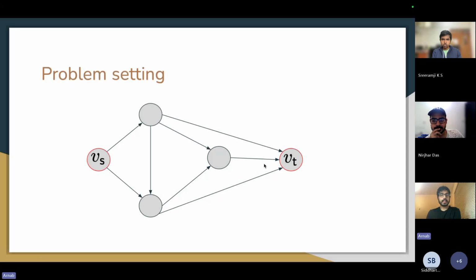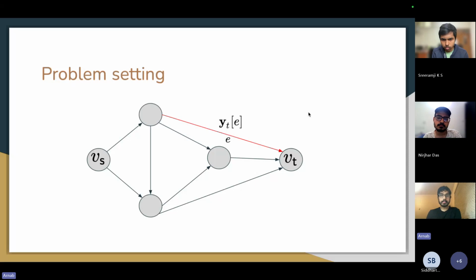In each round T, an adversary chooses the weights of these edges, some loss values for these edges. I'm going to denote it by y_t(e), which denotes the loss of edge e in round t.